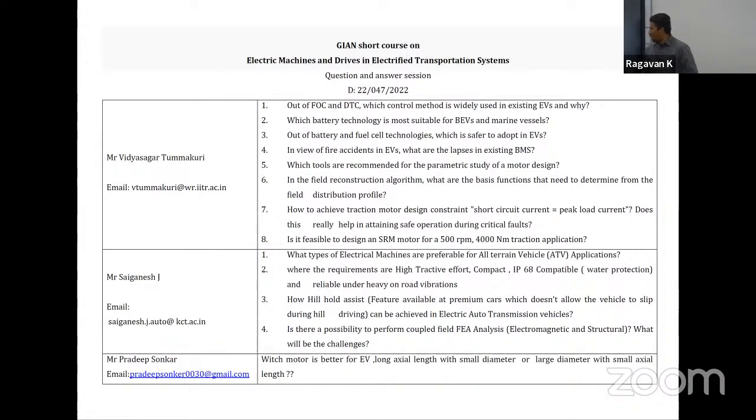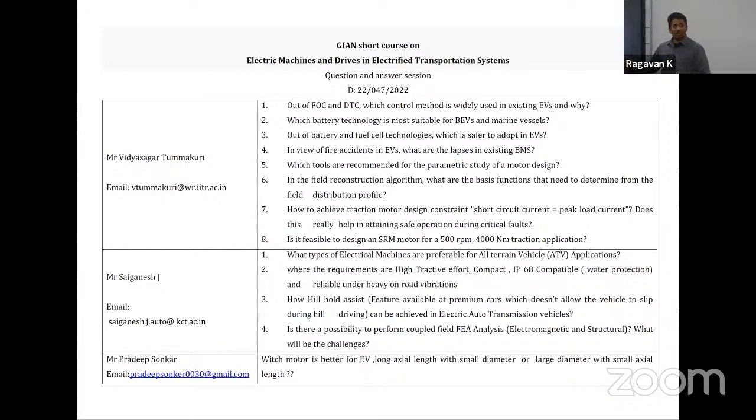All right. How can hill hold assist, a feature available with premium cars which doesn't allow the vehicle to slip during hill driving, be achieved in electric auto transmission vehicles? That is a very specific question about how you would actually implement this. I'm not entirely certain I am qualified to answer a question on the transmission itself.